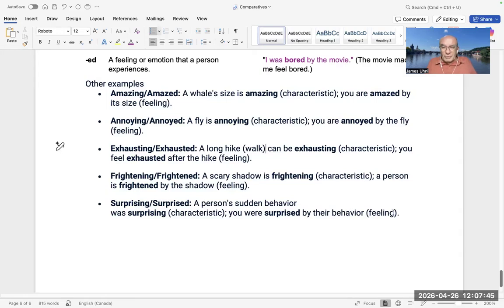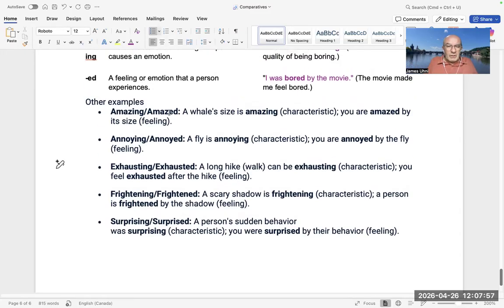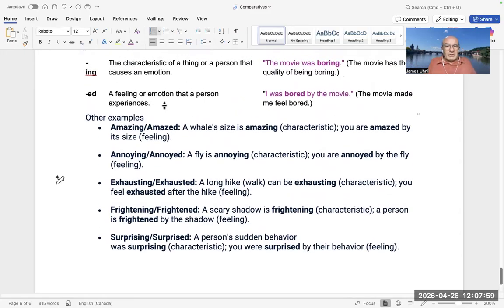So this is a feeling, very exciting, and this is the characteristic. What is he doing? Wow. So these are examples of when you use adjectives ending with ing and ed.